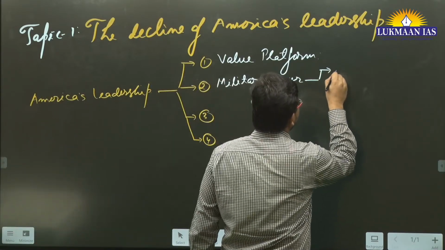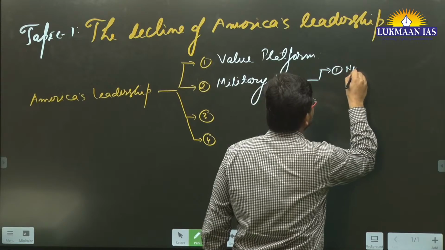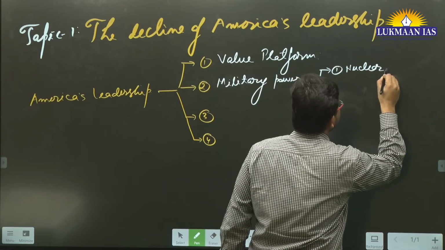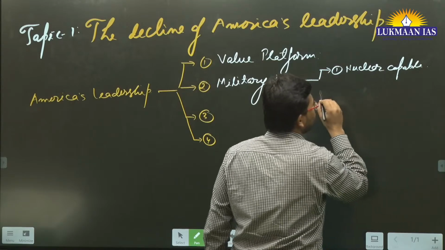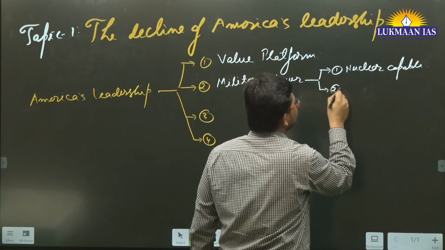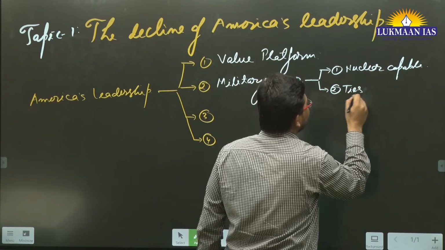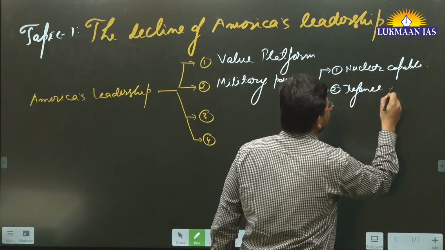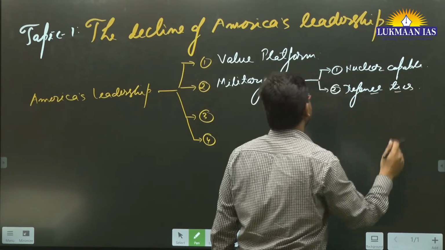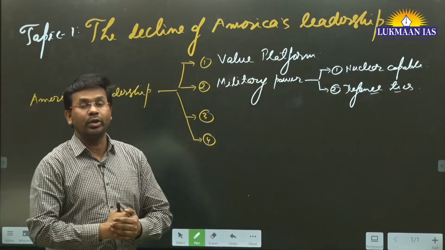Because of multiple factors. Number one, it is a nuclear capable state, meaning it has nuclear weapons. Apart from this, it has signed defense ties with many countries across the world, and it has good ties with them.